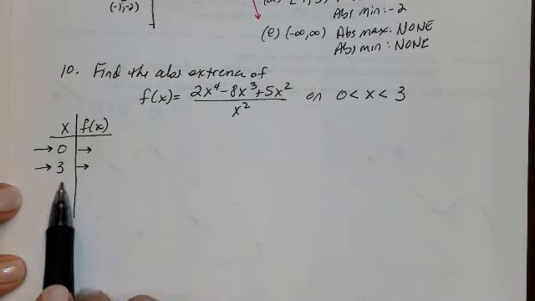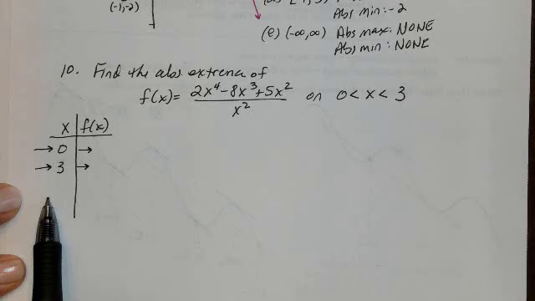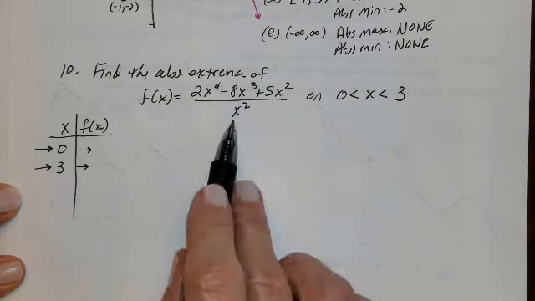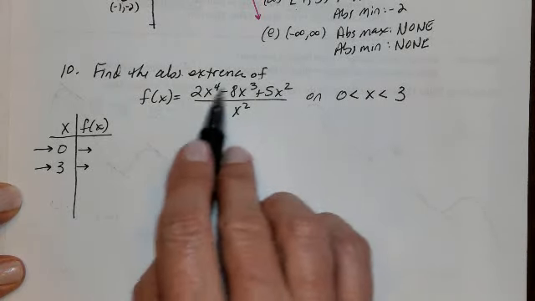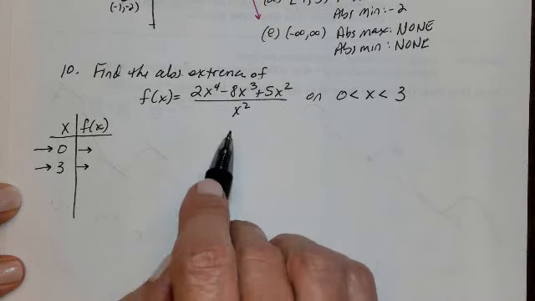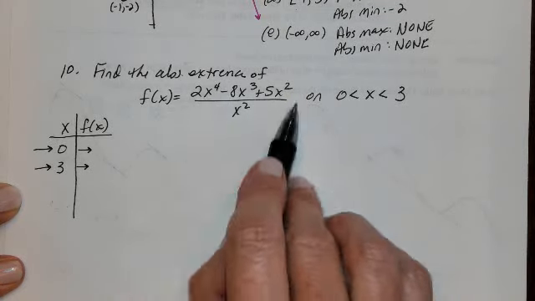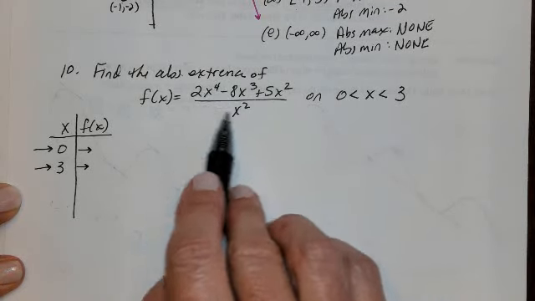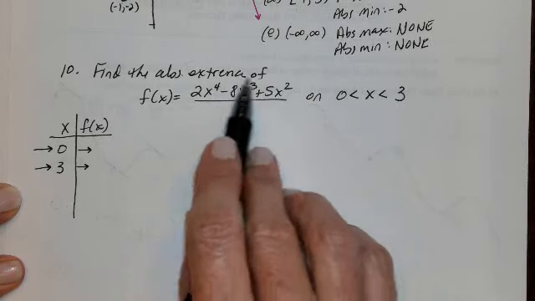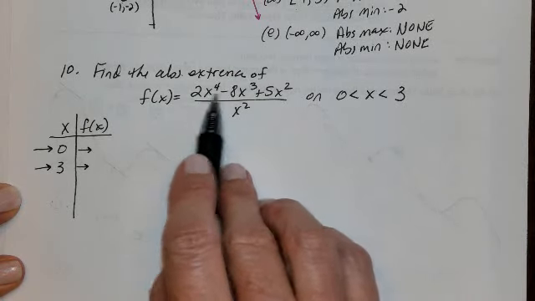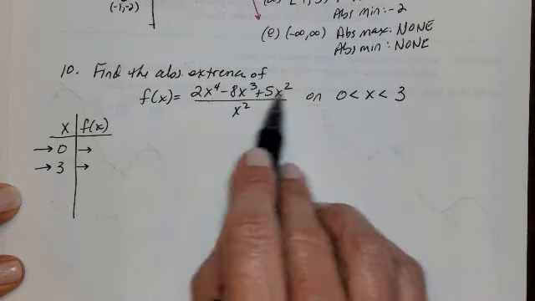All right, now over here we need to put anything that makes f prime 0 or undefined. So let's come over here to f. And before you dive in and take this derivative, we can do something that will make our lives much easier. Up in the numerator, there's a common x squared, isn't there?